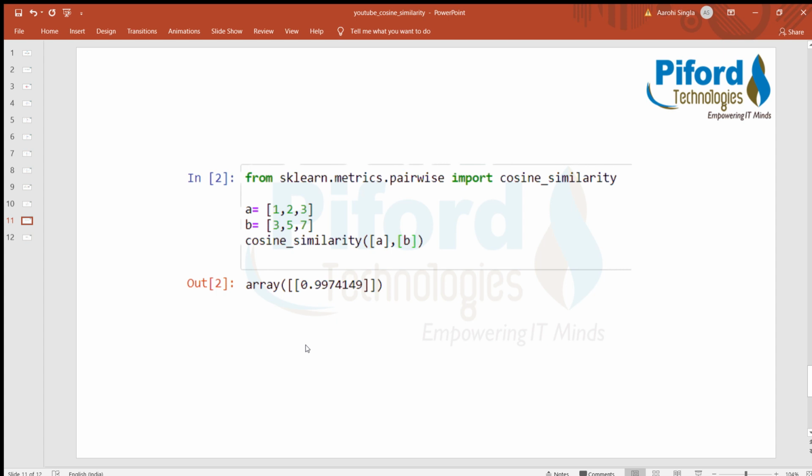So this is what cosine similarity is and where we can use it. People use cosine similarity whenever we want to see how similar two documents are. For text analysis, we use this cosine similarity.